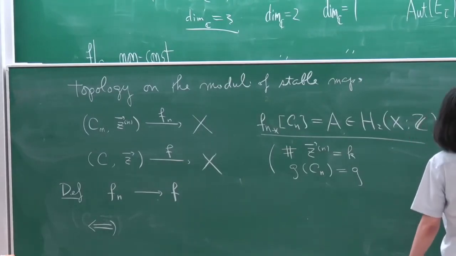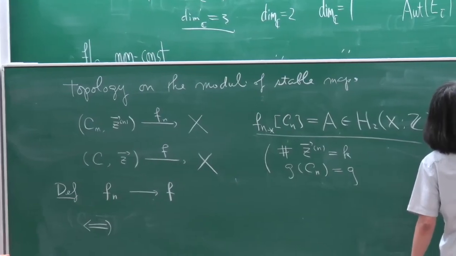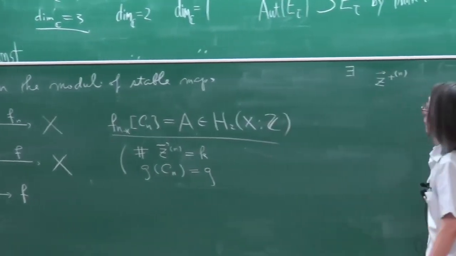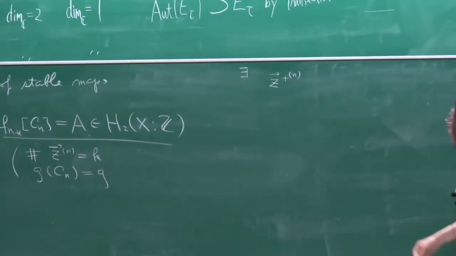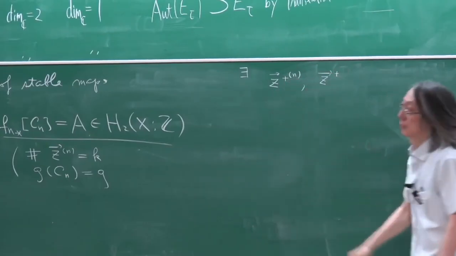So there is another one, like we may often write Z plus n and Z plus.